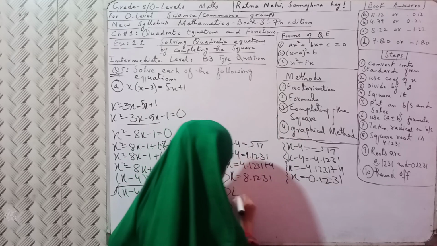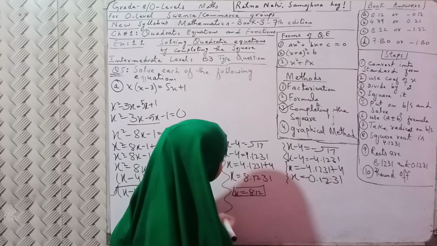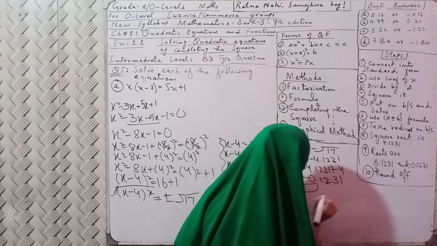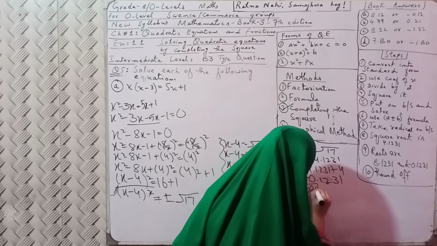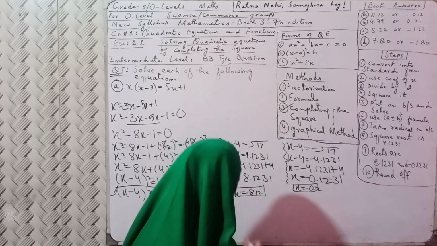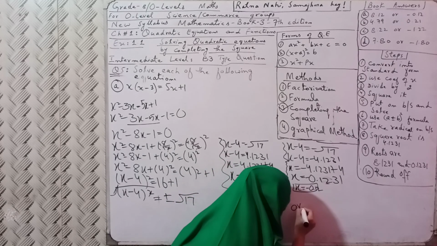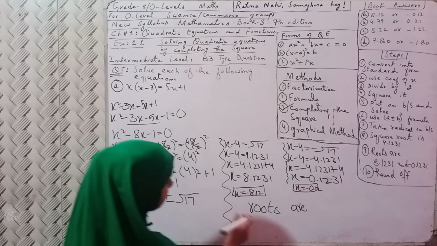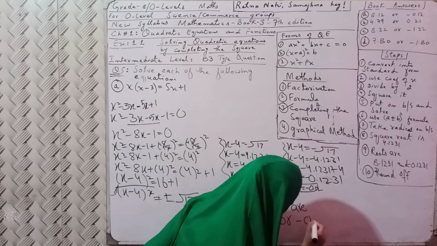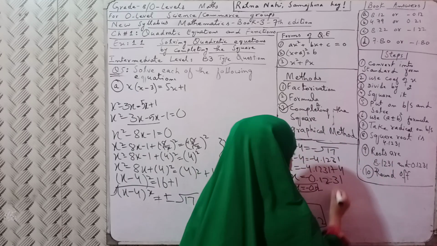So here will come x is equal to 8.12, then x is equal to minus 0.12. So roots are 8.12 or minus 0.12, and this becomes our final answer.